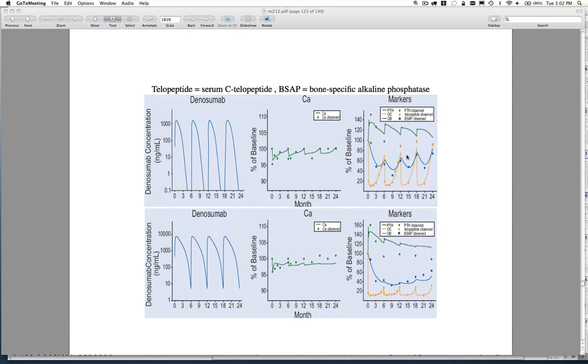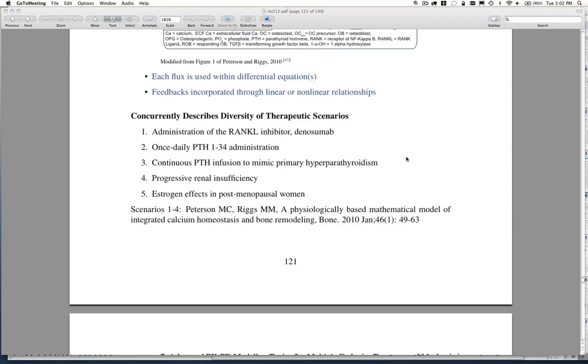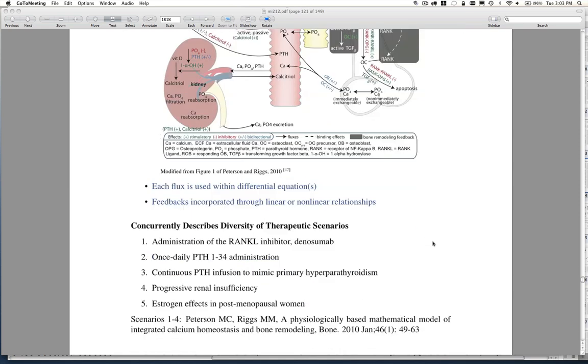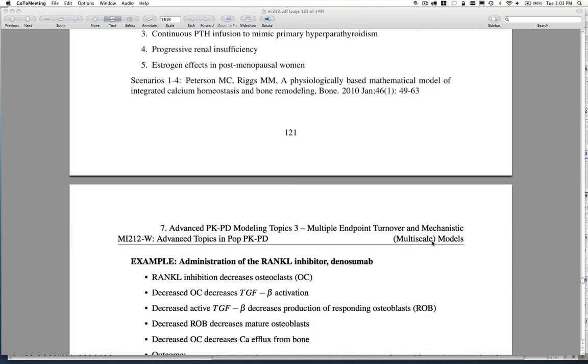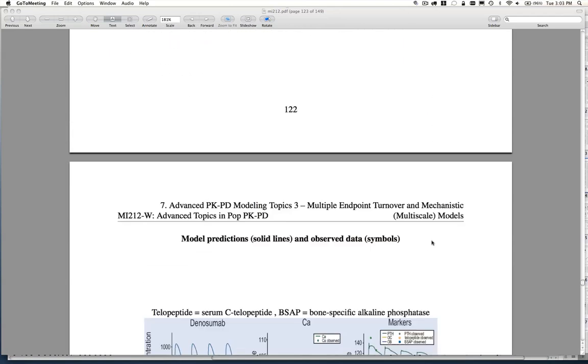Because of things like precursor dependence on active TGF-beta, and precursors for osteoblasts from responding osteoblasts and osteoclasts from precursor osteoclasts, that model has within it a lot of those same properties that we discussed last week with precursor models, where there's an inherent tolerance and rebound effect.